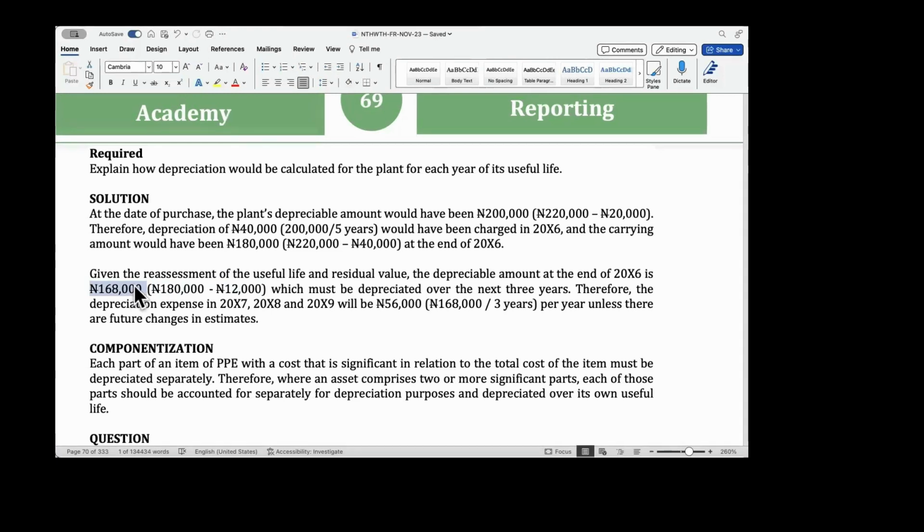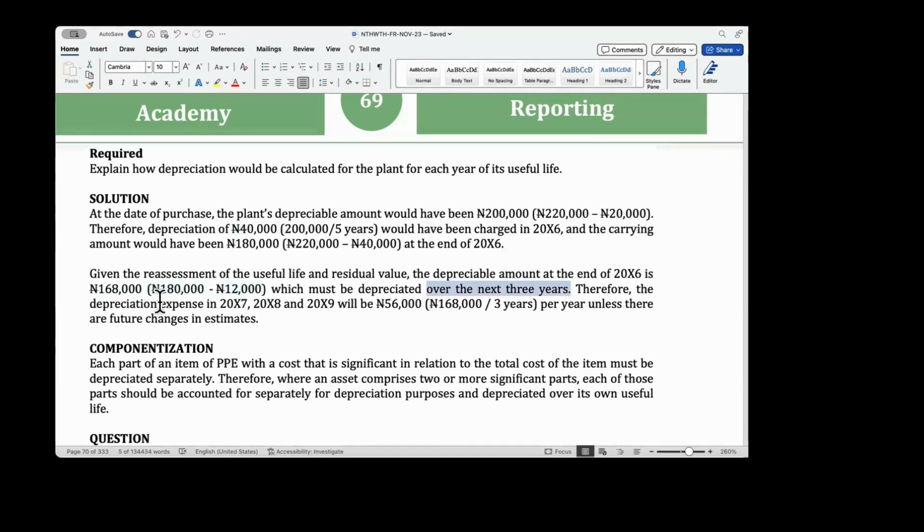That means we cannot use 40,000 depreciation anymore, right? Depreciation will change. The depreciable amount will now be the latest value, which is 180 minus 12,000, the residual value. That gives me 168,000, which will be depreciated over the remaining useful life, which is the next 3 years.